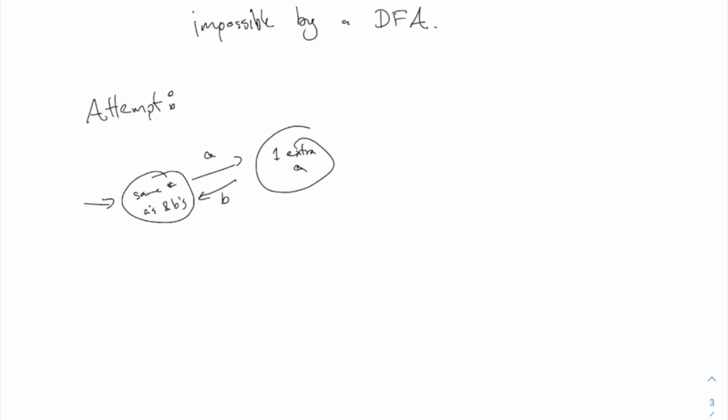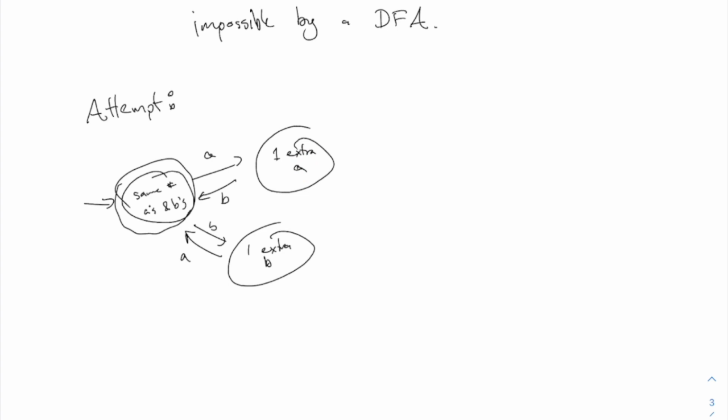So my DFA is just keeping track of how many extras there are of either the A's or the B's. From the start, if I see a B, that makes an extra B, like this. And if I see an A from there, I go back to the beginning. This is the accepting state, the one where there are the same numbers. The problem is if I'm in this state and I see another A, now there are 2 extra A's.